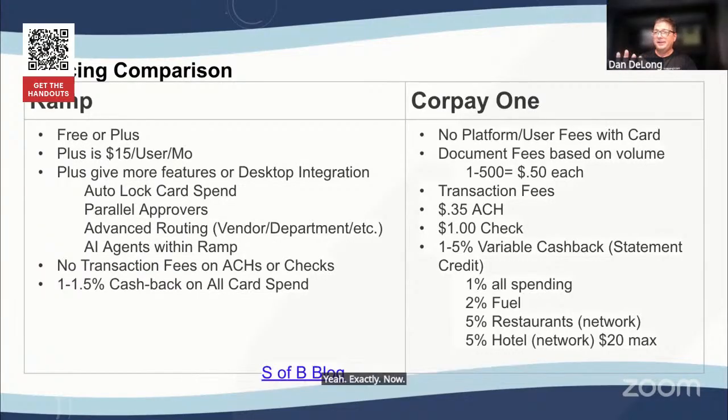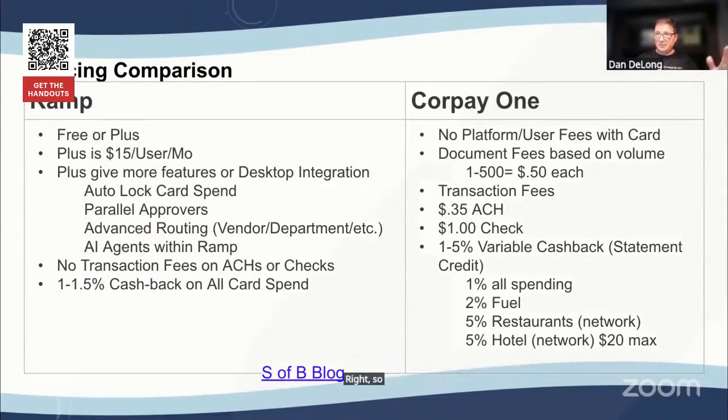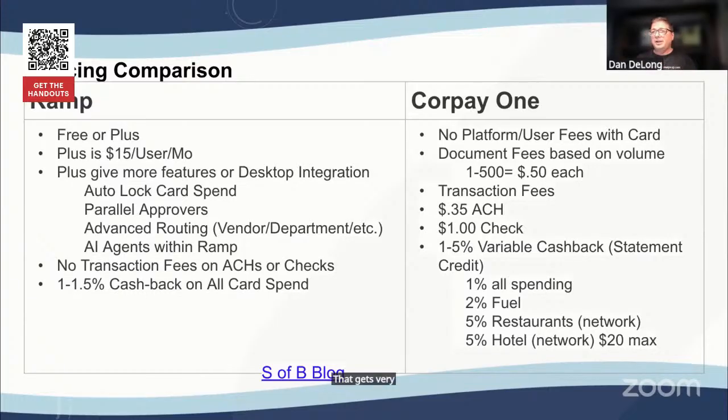Exactly. Now, Corpay, the pricing is vastly different, right? So they have no platform or user fees as long as you're using it with the card. So if you sign up for just the bill pay option, there's typically a platform fee based on the documents that are processed. That gets very granular. It's tiered based on volume, and it's also important to note that things pulled out of QuickBooks that show up in the Corpay One platform are considered a document, right?